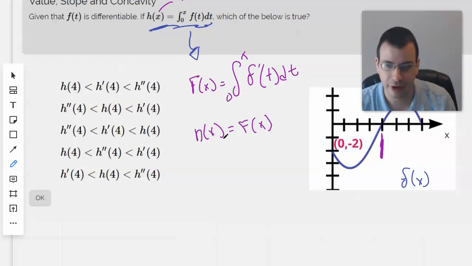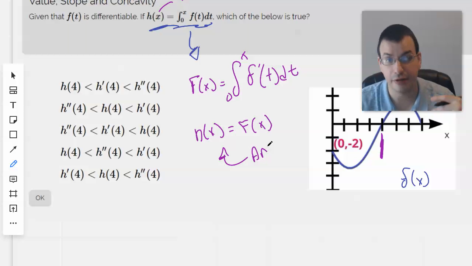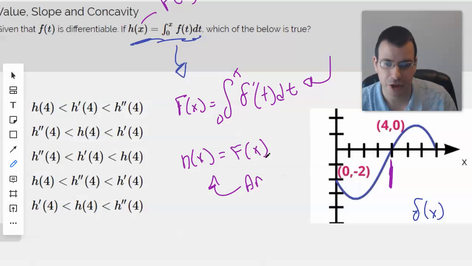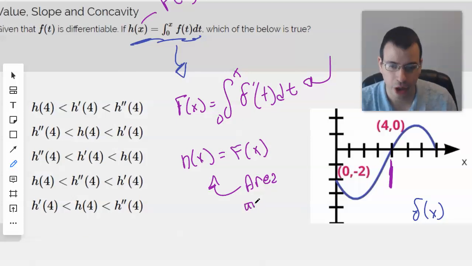So we have h of x, which is the integral of f, and its derivative is f of x, because this is just rewriting the fundamental theorem of calculus, which is right here. It's just something you kind of have to memorize. So this is giving us h of x is the area under the curve.